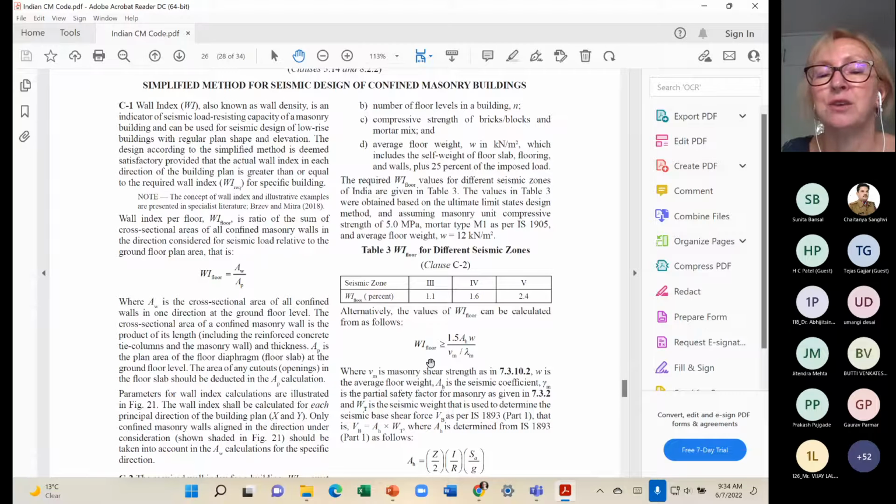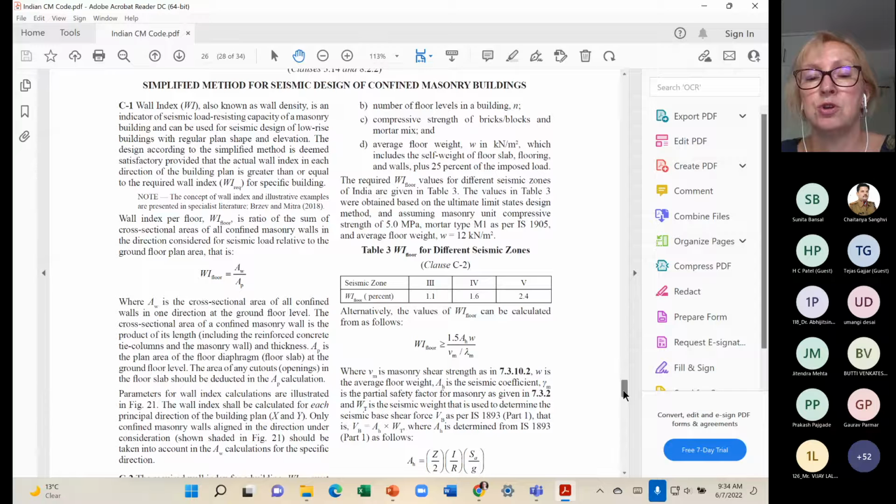So I wanted to explain to you the basis for this. And this table is applicable only for those low-rise buildings. You remember I mentioned that at the beginning, only if they're small buildings, G+1, it cannot be used for all buildings. So for a hostel type building, you would need to go by this calculation of WI per floor.